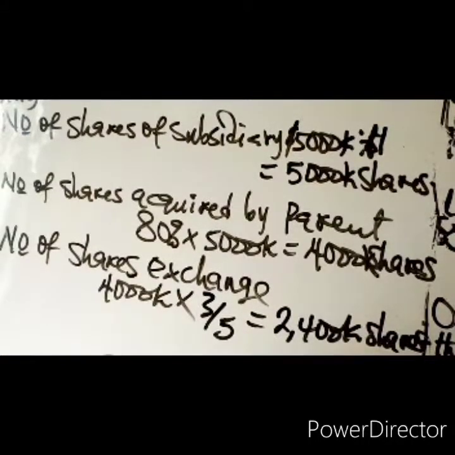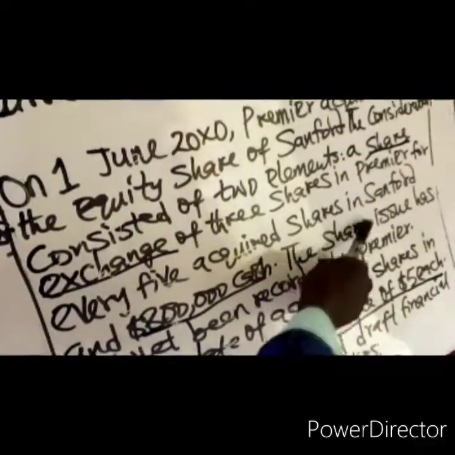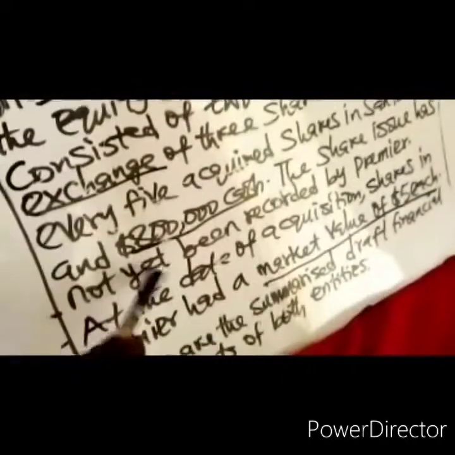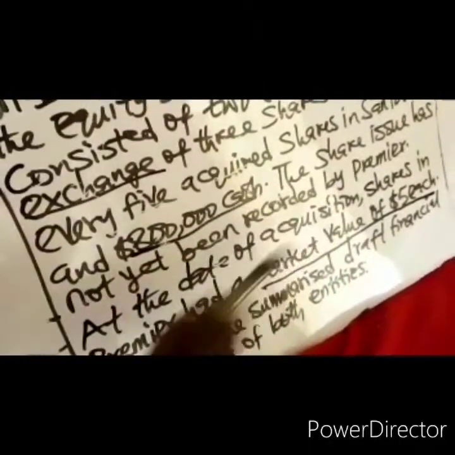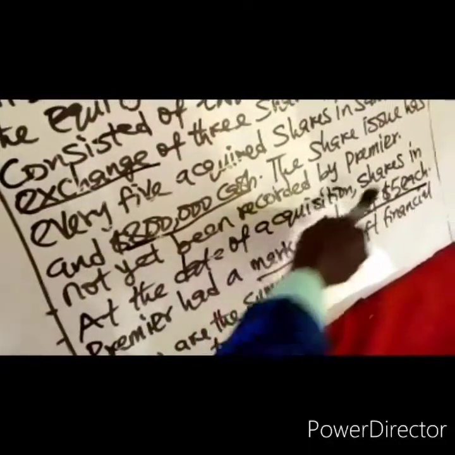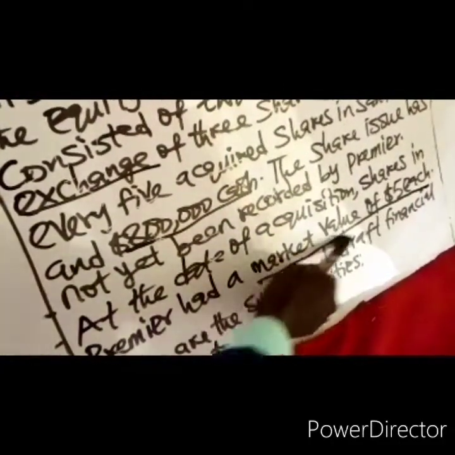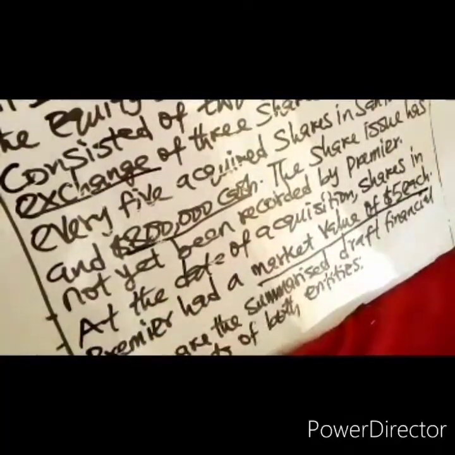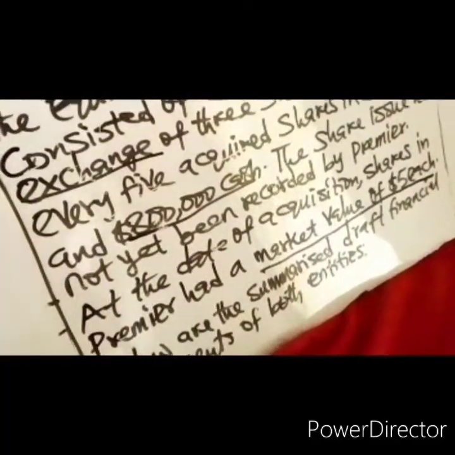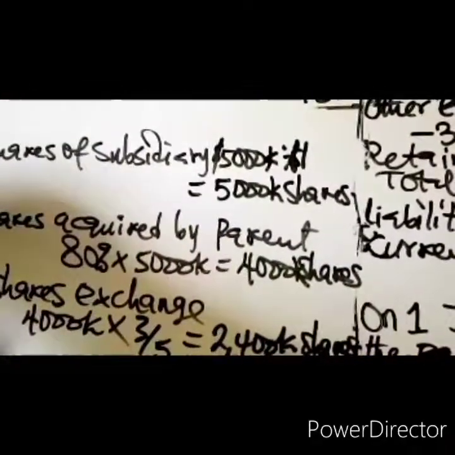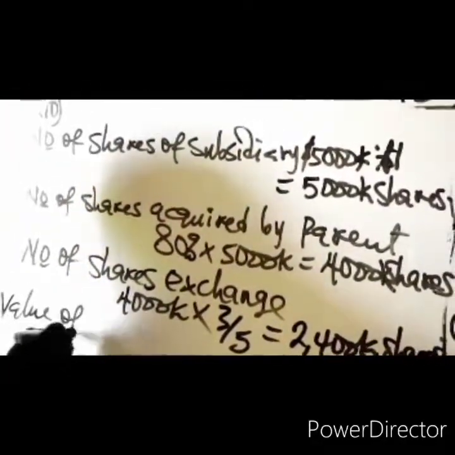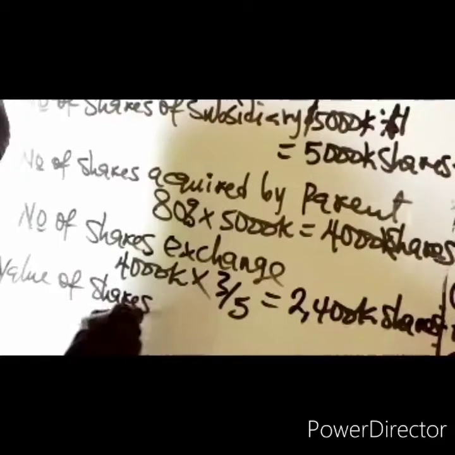So now, remember, the share issue has not yet been recorded by Premier. At the date of acquisition, shares in Premier had a market value of $5 each. This is the market value of the parent. So now, value of shares exchange.